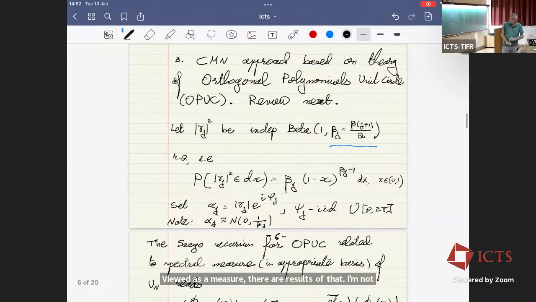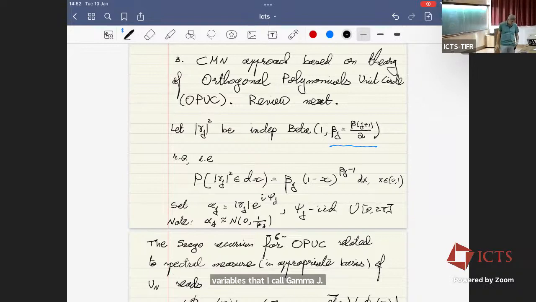Okay. So what was the very useful observation of Chhaibi, Madaule, and Najnudel? They used the theory of orthogonal polynomials on the unit circle, which I want to describe very quickly now. Suppose that I have a sequence of IID random variables that I call gamma j, of this distribution.